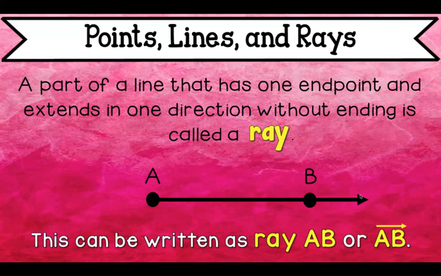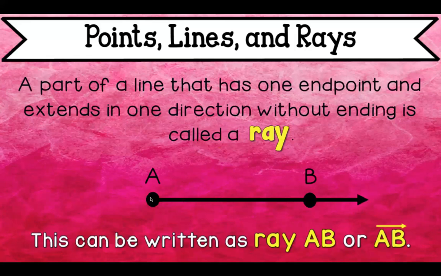Okay. Now this right here is not a line because it's very similar to a line because look, it has one arrow on the right that is going on forever. However, there's no arrow going on forever on the left. So the definition of this, it says a part of a line that has one endpoint, so A right here is an endpoint, and extends in one direction without ending.